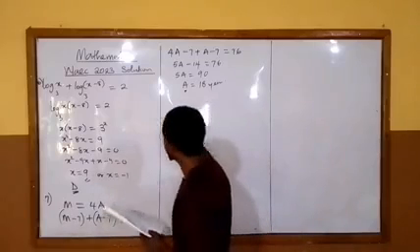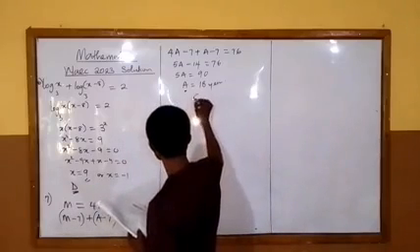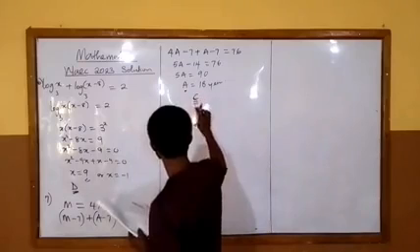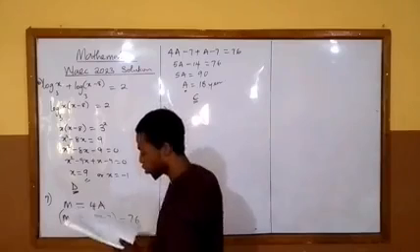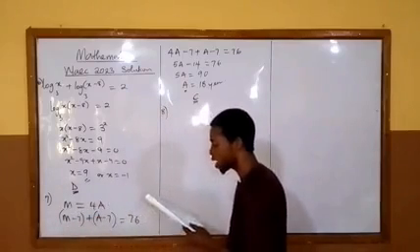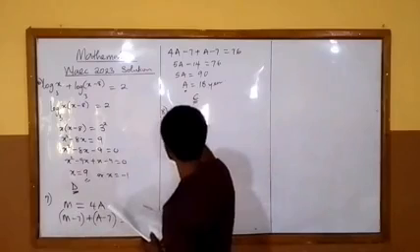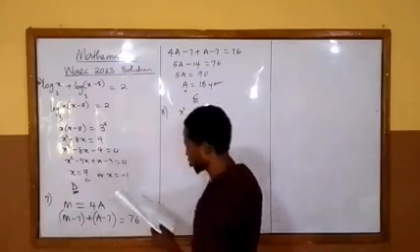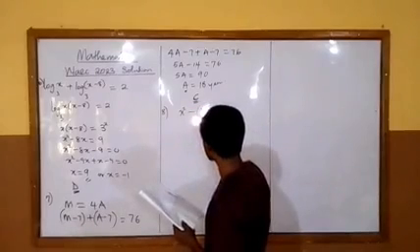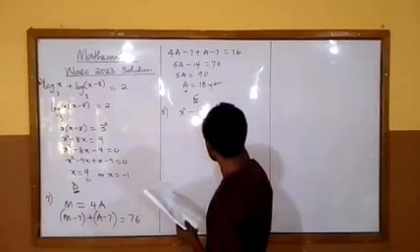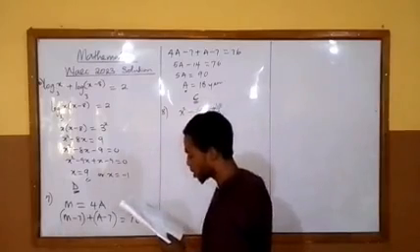The correct option here is option C in number 7. Then number 8 of the WAEC question says, factorize completely x squared minus (y plus z) squared.